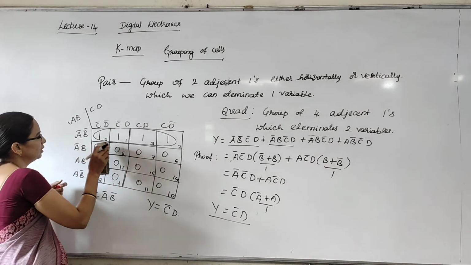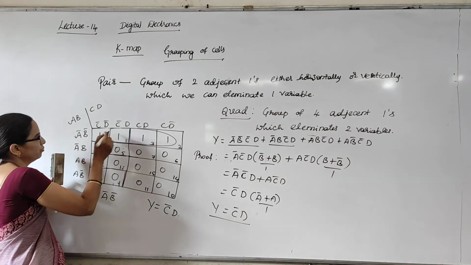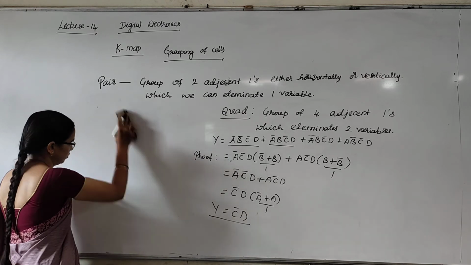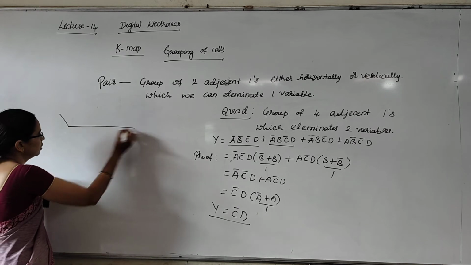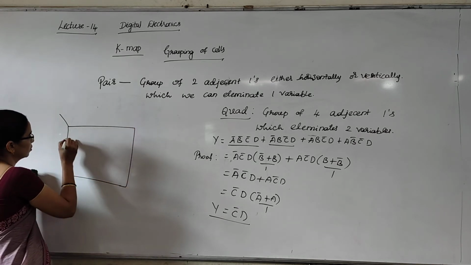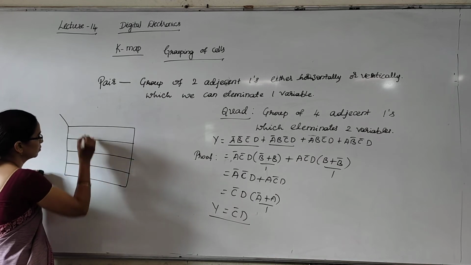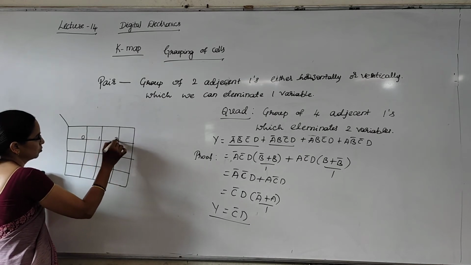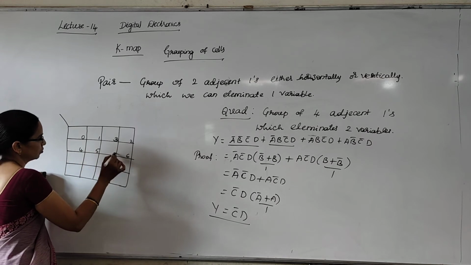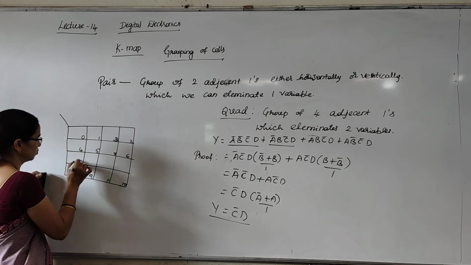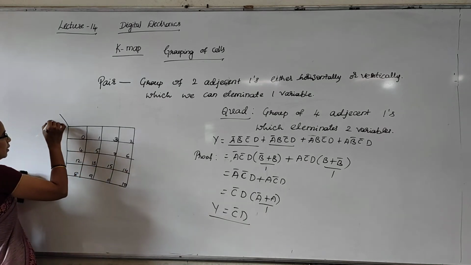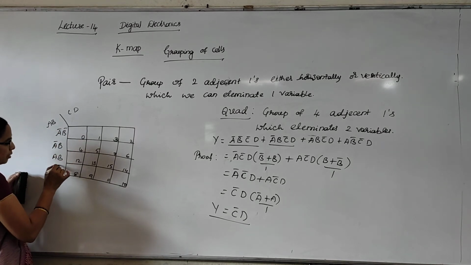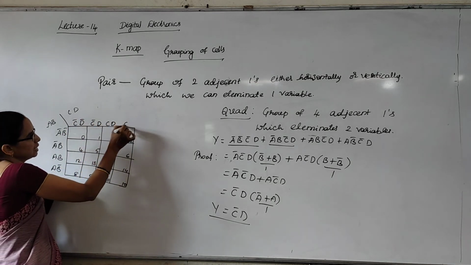Okay, I will write it separately. AB this side, CD this side: A bar B bar, A bar B, A B, A B bar, and C bar D bar, C bar D, C D, and C D bar.